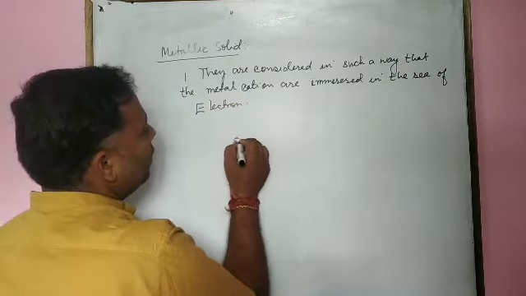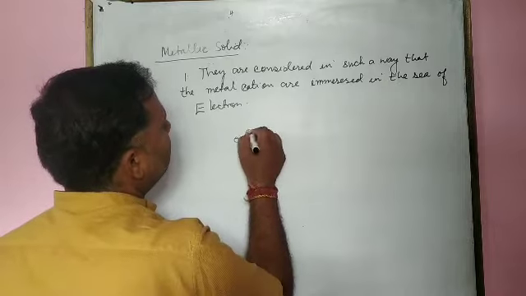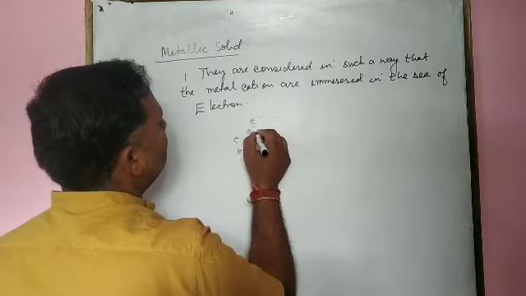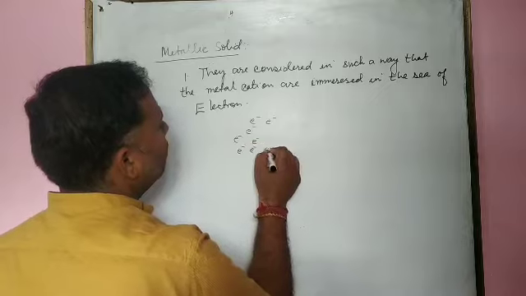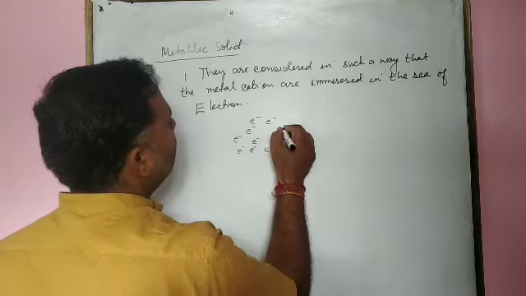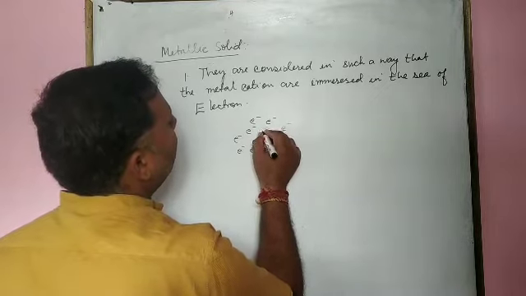As we see here, these are the electrons. Here is the metal atom.